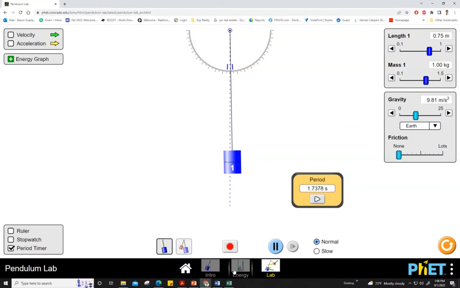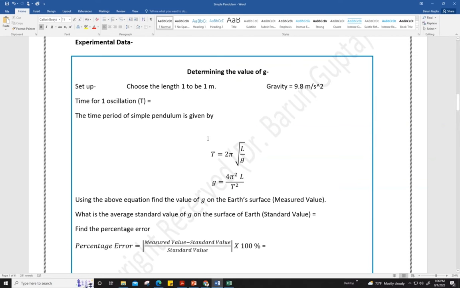All right. So go back here. For your case, you have to choose the length to be 1 meter. I have chosen some arbitrary length, 0.75 meter. So write down your answer here and then use this equation. This is the relation between the time period, length, and acceleration due to gravity.